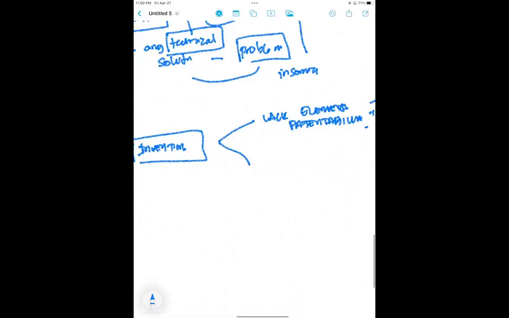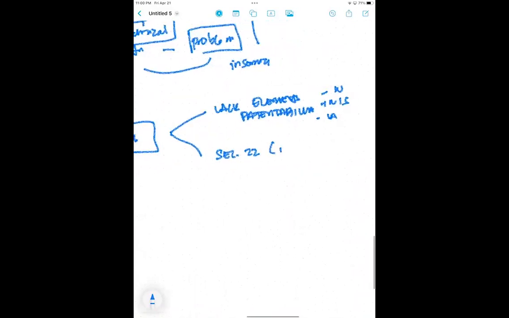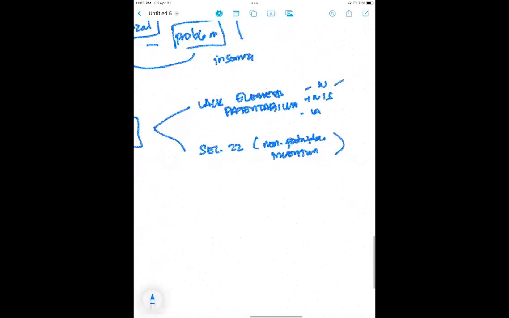Number 2 category would be if they fall under section 22 or the non-patentable inventions. Okay? So, kahit bago ito, kahit it involves inventive step, kahit ito ay industrially applicable, then if they fall under section 22, then they are not patentable.